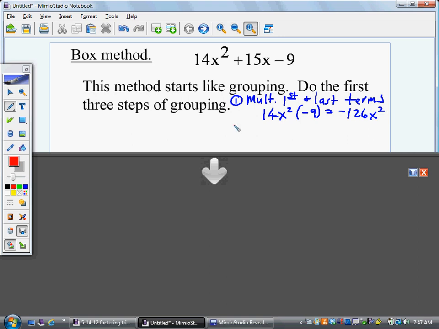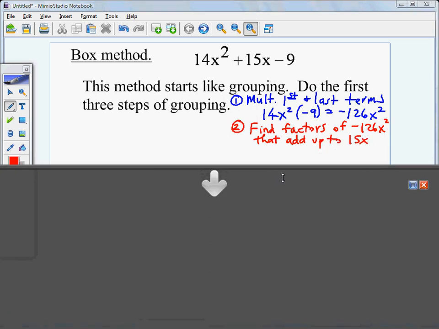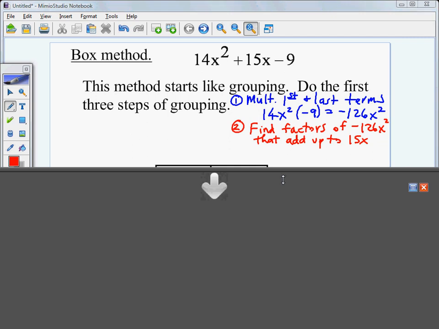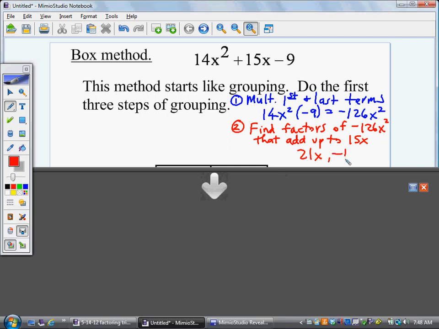And then the second thing you want to do is find factors of negative 126x squared that add up to 15x. And in this case, it's going to be 21x and negative 6x.